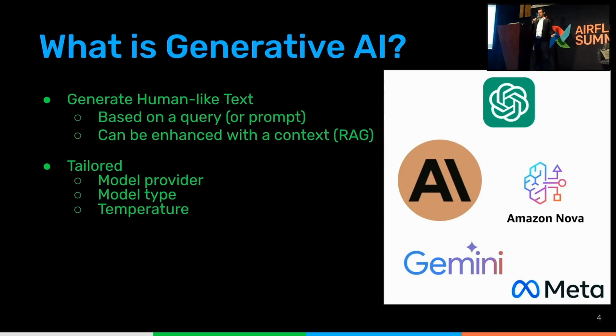Gen AI is tailored. You can pick a model. You have different providers. I listed a few of the providers on the right side, but there's a lot of them available. You also have types of models: small models, medium models, large models. Again, depending on the use case, you can pick which model you want.